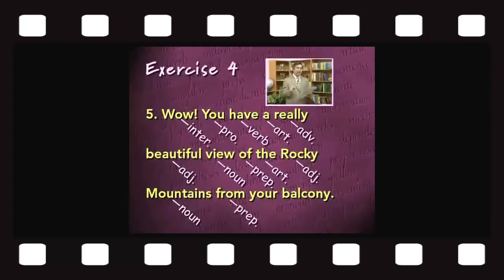From is the preposition, balcony is the noun, and in between we have the pronoun your. Again, it's a possessive pronoun. It tells whose balcony, yours. So the antecedent of that pronoun would be you, the hearer of this sentence. And in effect, the pronoun here acts as a kind of adjective because it gives a little more information about the noun balcony.